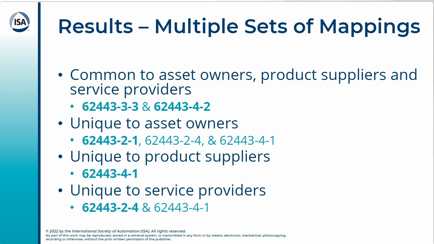So we had the common mappings across the board to basically asset owners, product suppliers, and service providers. When we looked at that, we looked at the 3.3 document and the 4.2 document. 3.3 being the technical requirements for a system, and 4.2 being the technical requirements for a product developer.